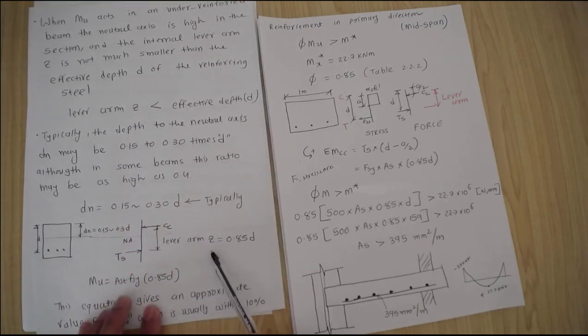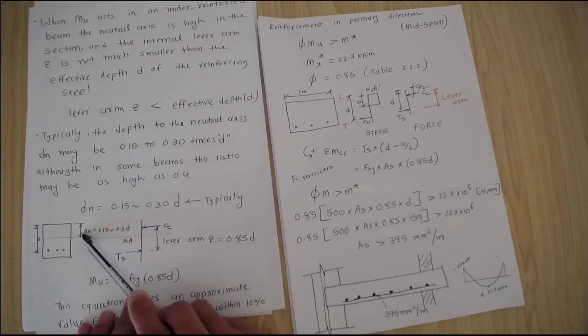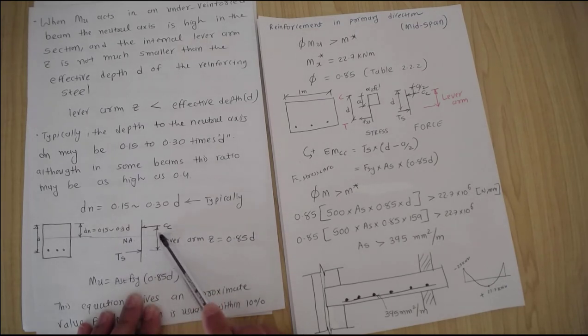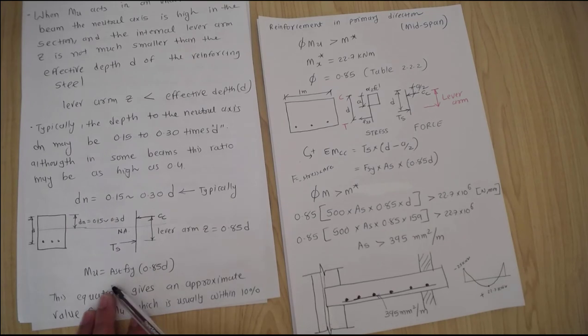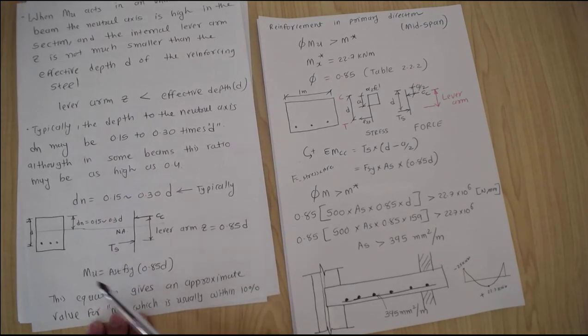If dn falls in this range, you can calculate the lever arm, which could be about 0.85 d. It's a good assumption, as it will give the moment capacity within plus or minus 10%.